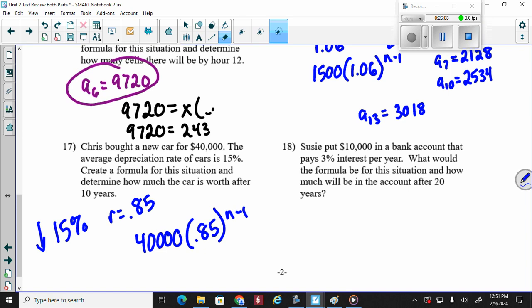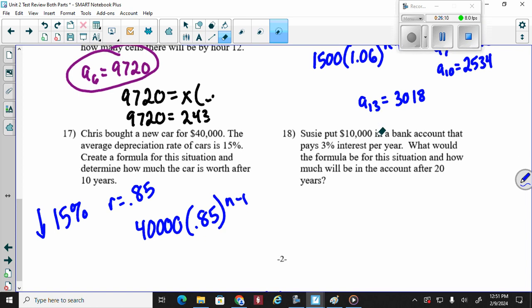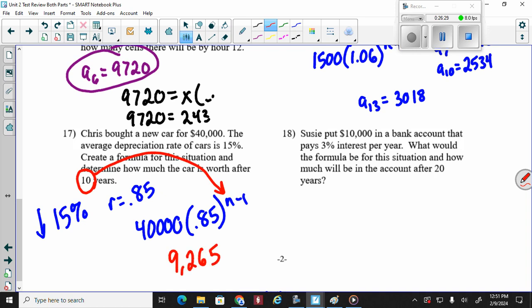It says determine how much the car will be worth after 10 years. Well, that's easy. There's no guess and check then. Just take 10, plug it in for n. So 40,000 times 0.85 raised to the power of 10 minus 1, which is 9. My answer is 9,260. We're just around $5.